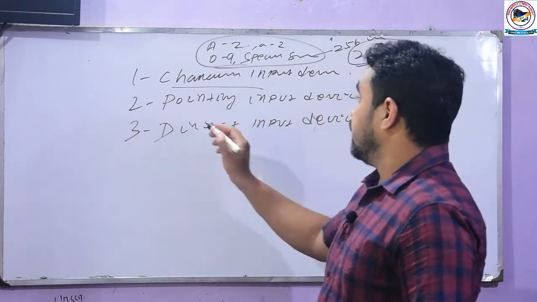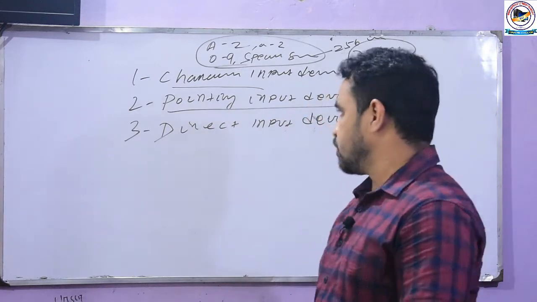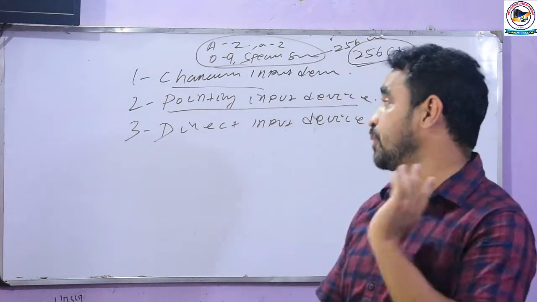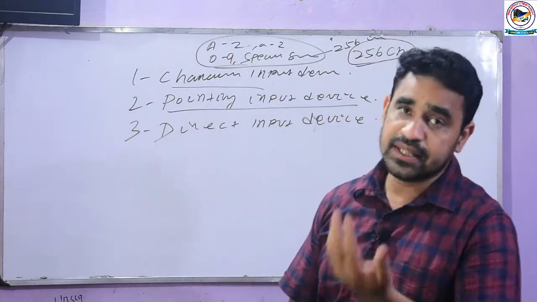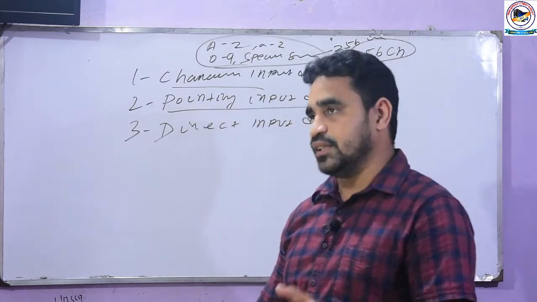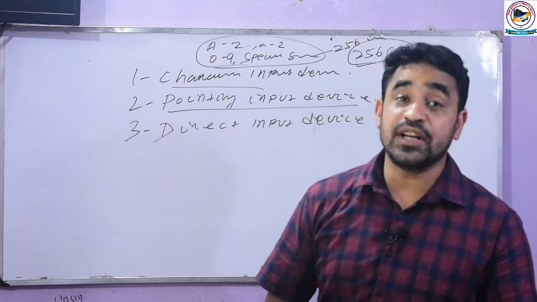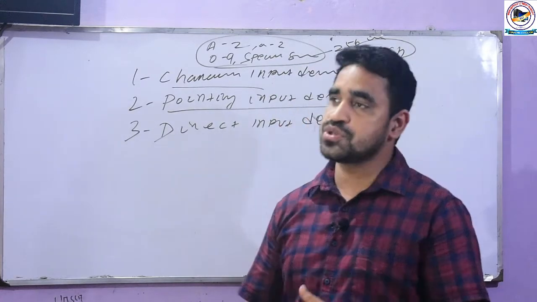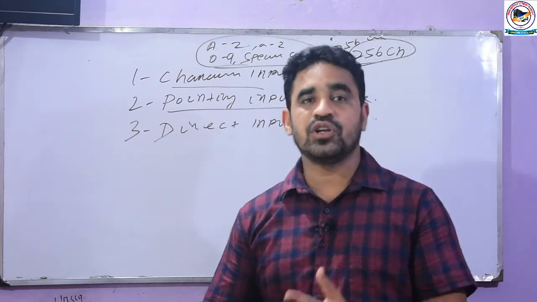Similarly, the pointing input device. Through the pointing input device, we point on a specific location and click to execute a task or the execution of a program or anything. In the pointing input device, we use different pointing devices like mouse, joystick, light pen, trackball, touch screen.